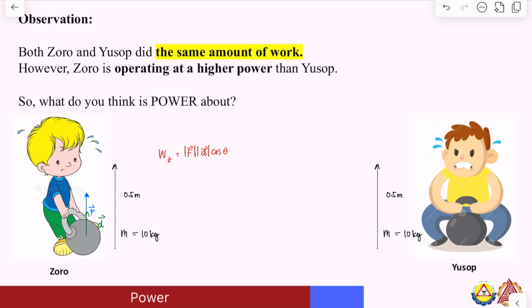That means that in our equation, this will reduce to F D cosine of the angle between the force and the displacement, which in this case is just 0, and cosine of 0 is 1. That means we have the work done by Zoro simply given by F and the displacement. However, class, you have to remember this one. This will be helpful in your problem solving later. This force here, this F that you need to apply to lift an object, is simply equal. I'll just write it here.